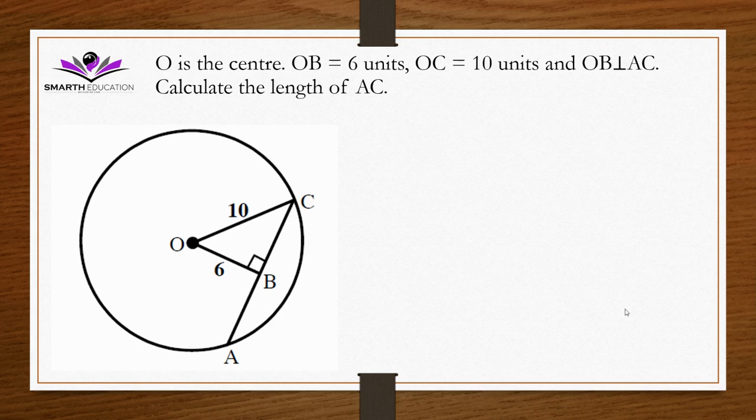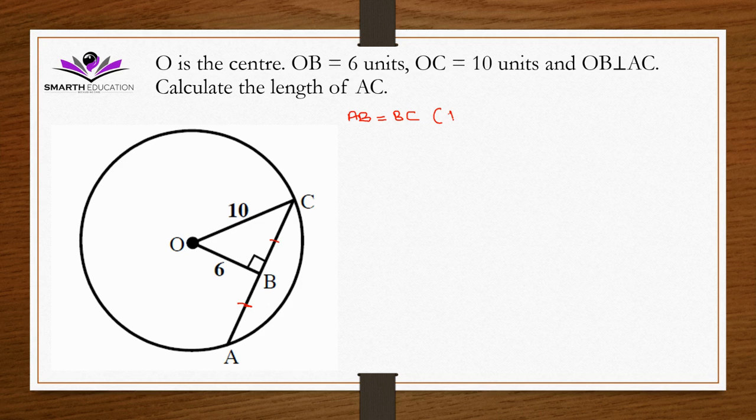From here we can say AB is equal to BC. So it means this is equal to this. Why do we say that?